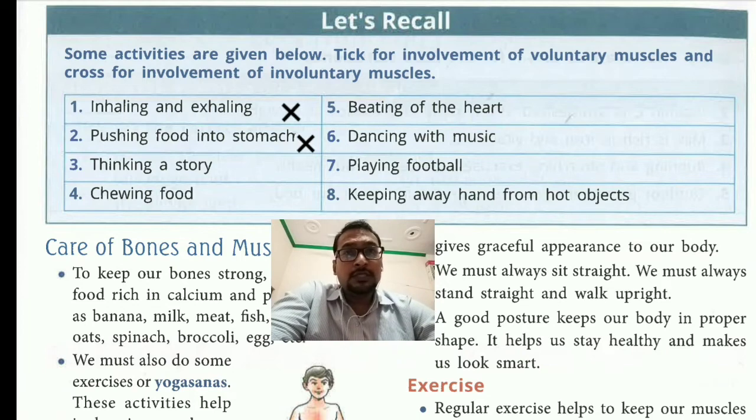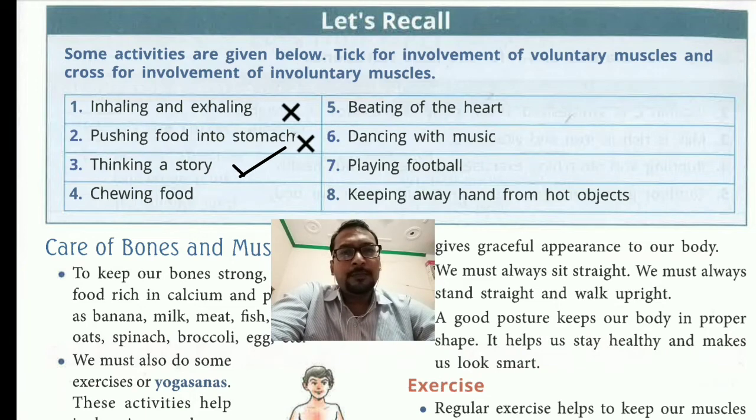You can think, and innovatively you can change a story into a comedy or an action or an emotion. So story you can make on your own. So this is a voluntary muscle. So you tick it. You have to tick answer number 3. So number 1 is cross, number 2 is cross, and number 3 is tick.